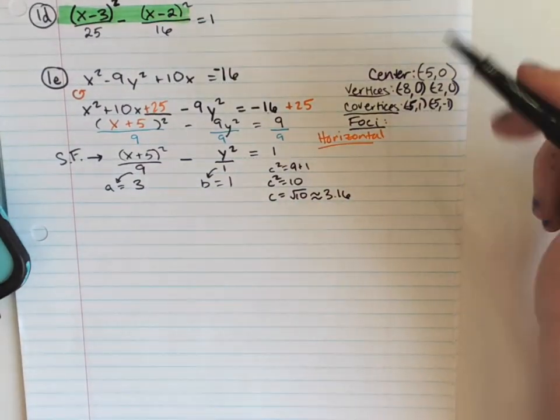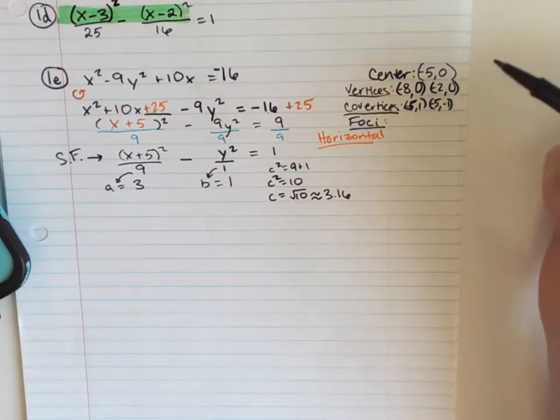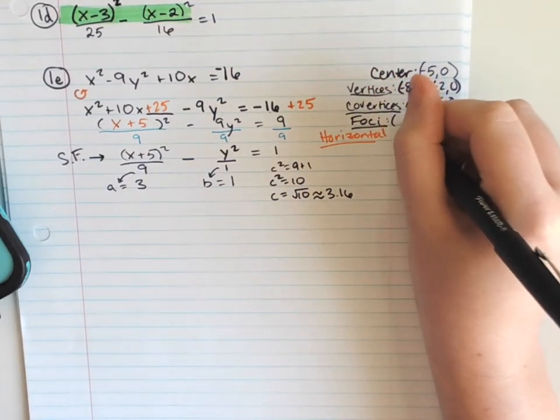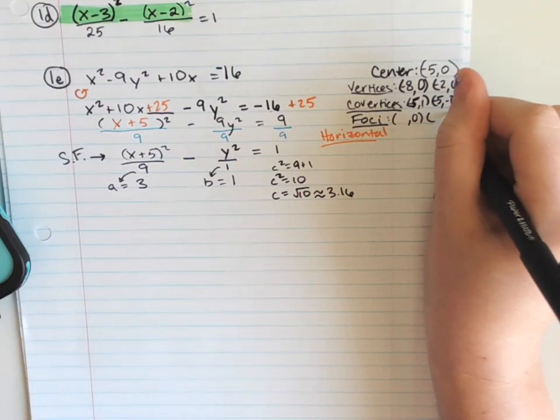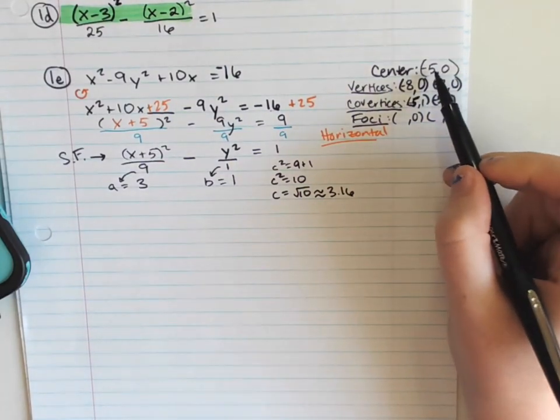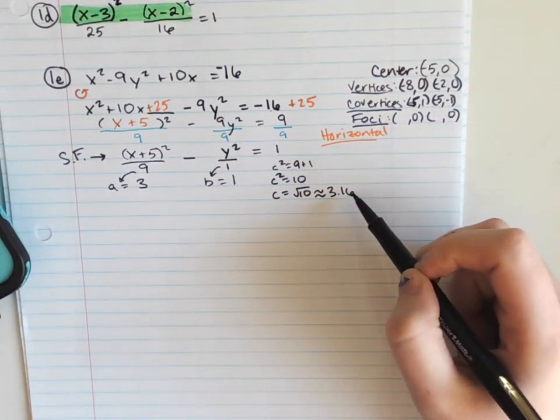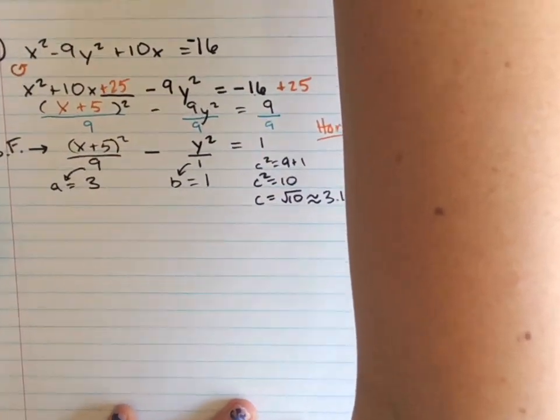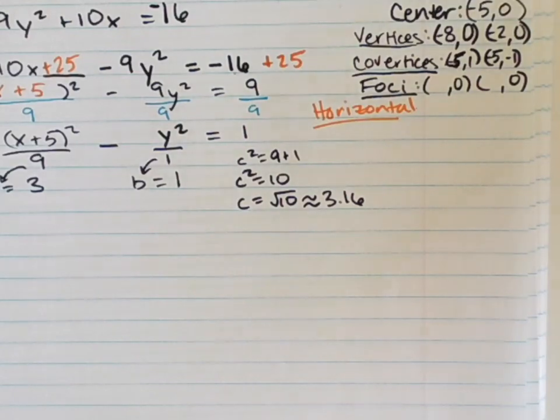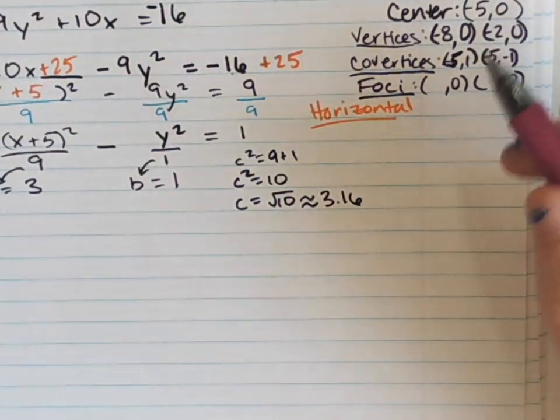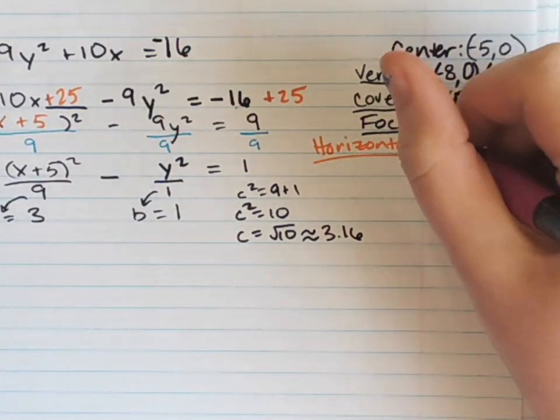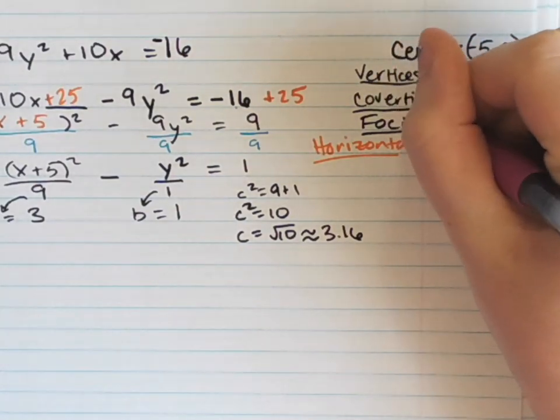The foci is going to move left and right, kind of like the vertices did. So it's going to keep the 0, but we're going to change this negative 5 that much in both directions. I didn't leave myself very much room. I'll zoom in and try to write very tiny, or a smaller pen. So if we take away 3.16, we're going to get negative 8.16.